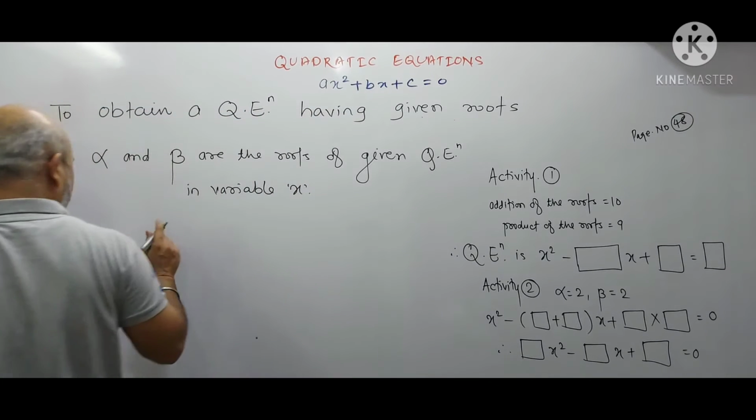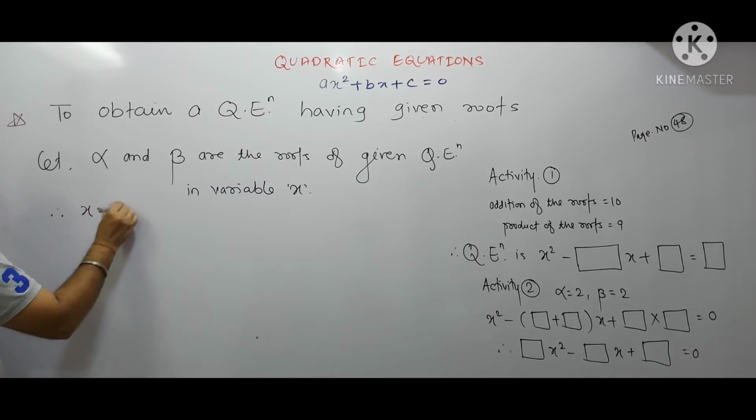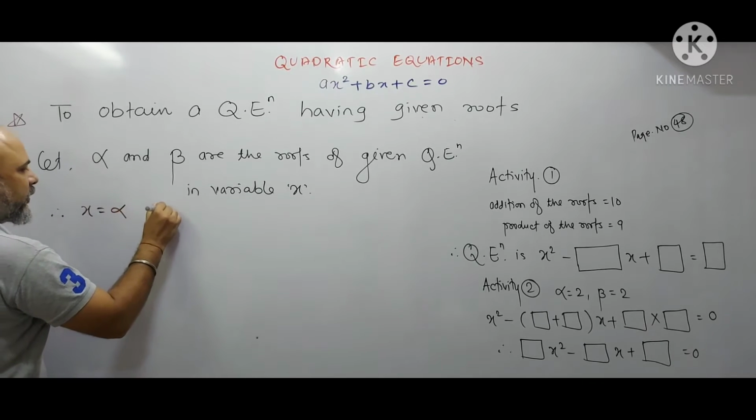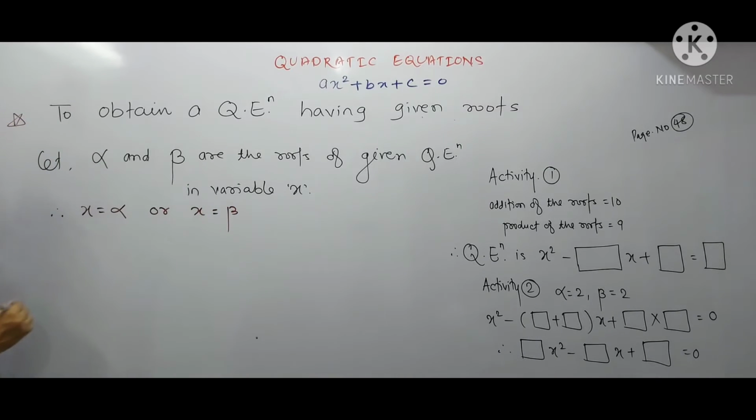So how will we write? We'll write x is equal to alpha or x is equal to beta. Clear? What you will write? X is equal to alpha or x is equal to beta.